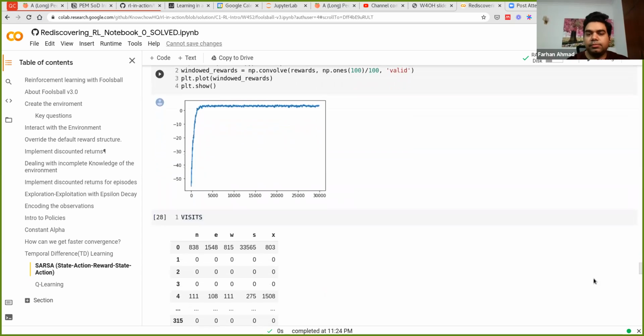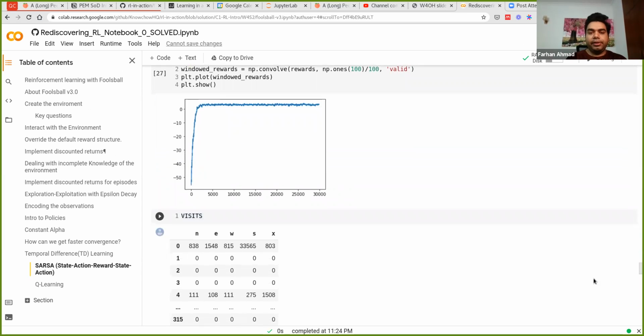And then, of course, if you want to get really good performance, you will have to get down to individual instances and record the gameplay to see what could be going wrong. Most of the learning happened over here, right? This graph seems to be, maybe, I don't know if it's an illusion, going a little bit downwards, but most of the learning happened in the first 5,000 episodes or so.